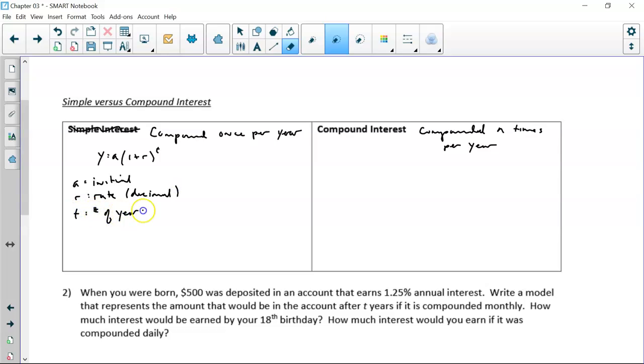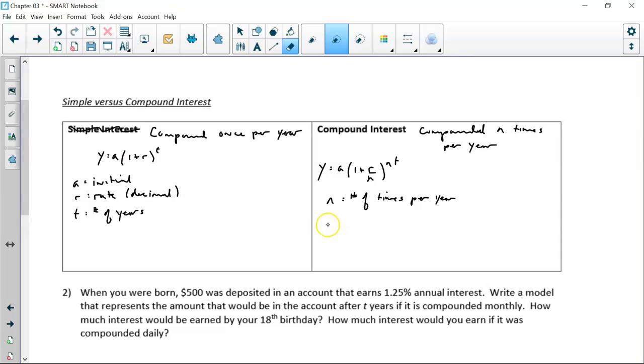You can use x as well, but you'll commonly see it as t. Now, compounded n times per year, it's very similar, except we're adding a little bit more. y equals A times 1 plus r over n to the nt. Now, A and all of that is the same. The only thing that happens is n is the number of times per year.